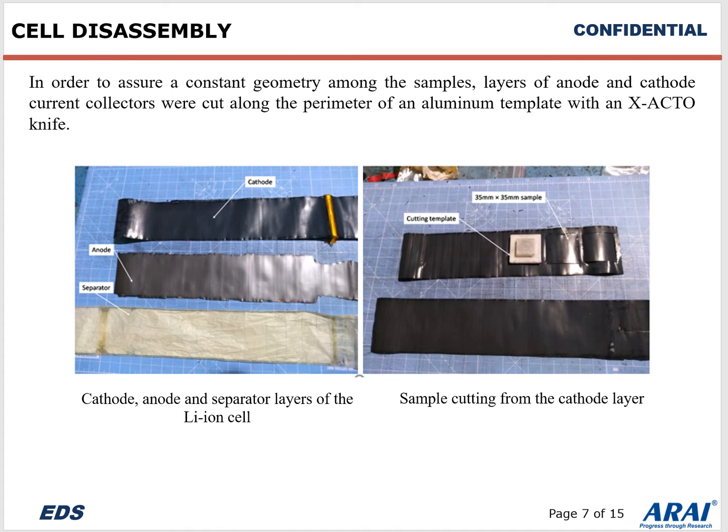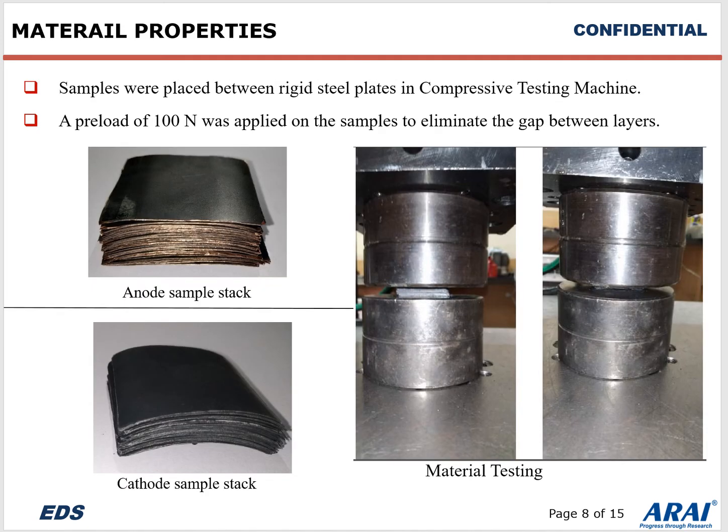The layers of current collector were cut using a knife without damaging any cell property. 36 layers of template cutouts, both anode and cathode, each layer of size 35 by 35 mm, were used to make a stack. This stacking was used for material extraction for both anode and cathode.